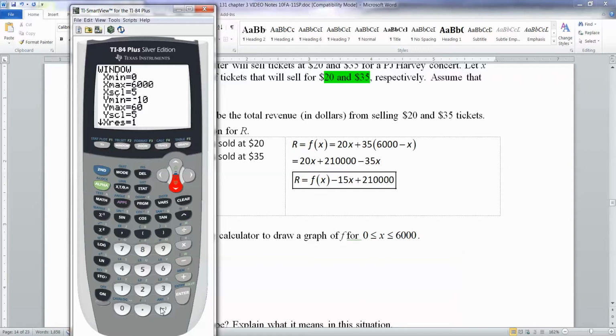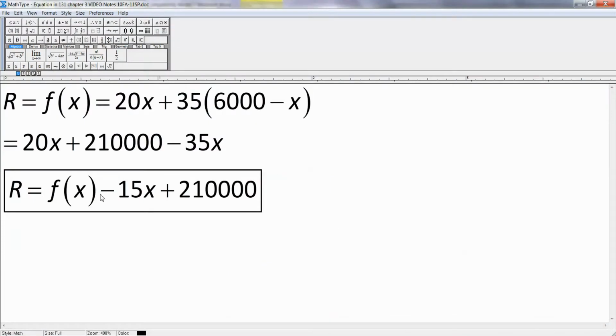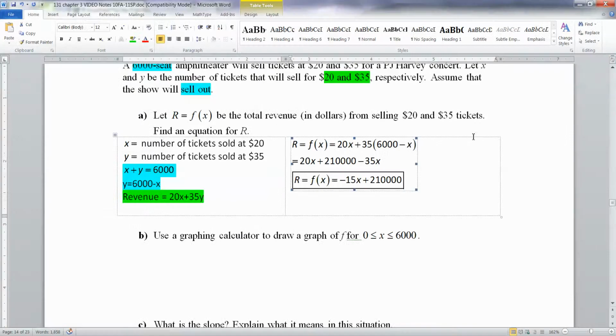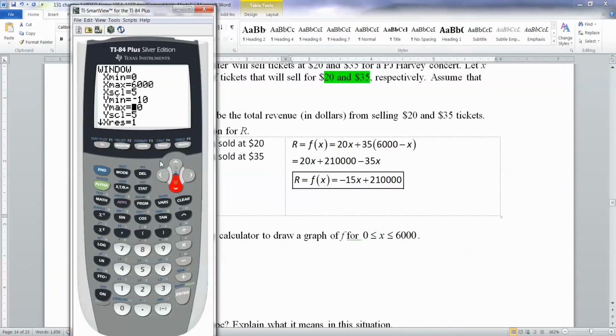Well, you can see that the highest you could ever get is 210,000 because your y-intercept is 210,000 and you drop 15 because this is a negative slope, so it's going down. So you can say, okay, my max is 210,000, but my min, you can make it 0 because you can't really have negative revenue, right?